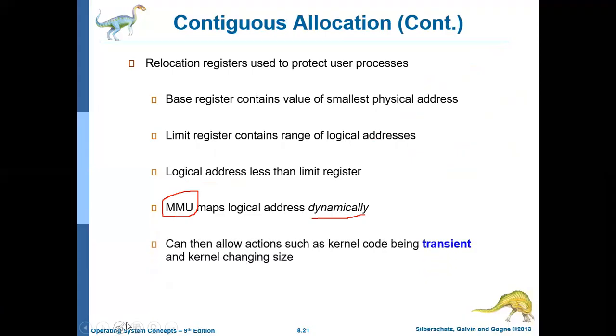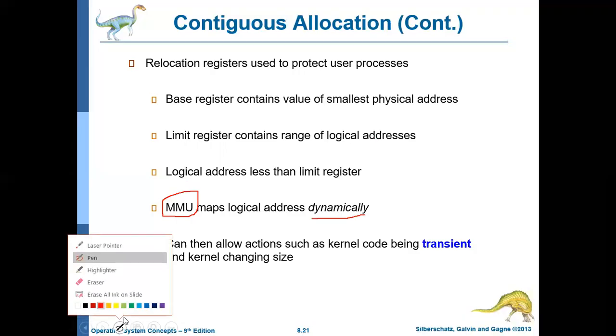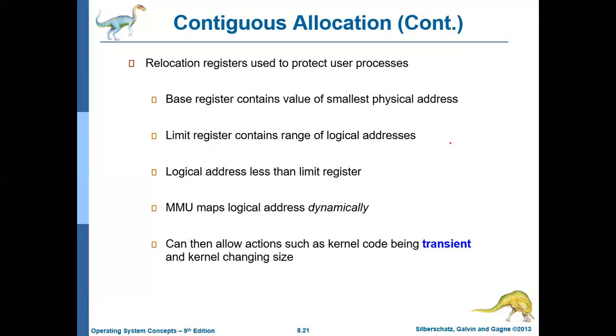There is another important reason why we should use the base register and limit register. There is another beautiful usage of the base register. Sometimes the operating system size may vary.